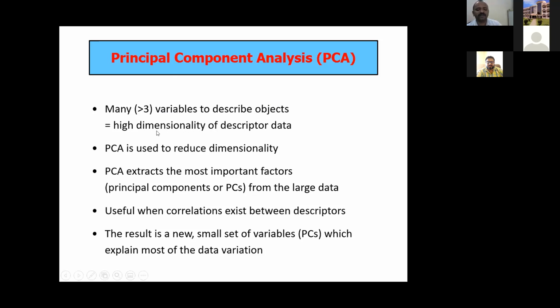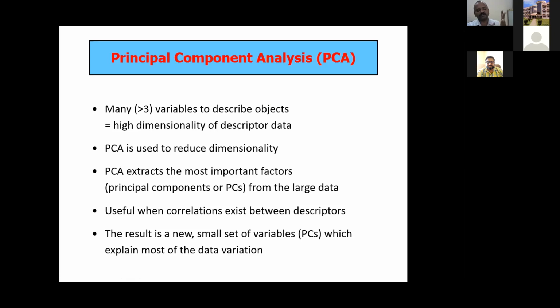That is why we use principal component analysis to reduce the dimensionality of the data. Principal component analysis extracts the most important factors as principal components from the larger data. When we apply COMFA and COMSIA, in the case of COMFA it is the steric and electrostatic field.